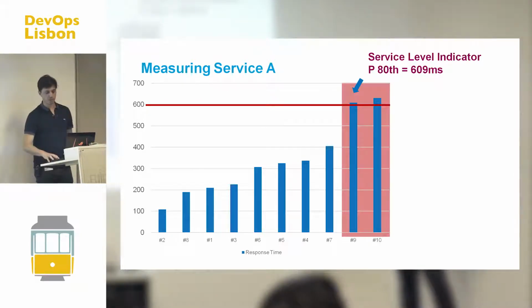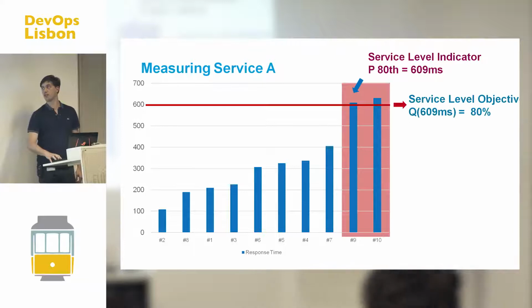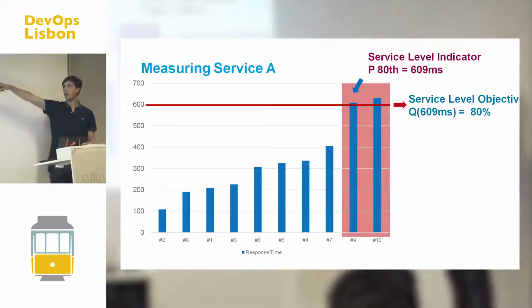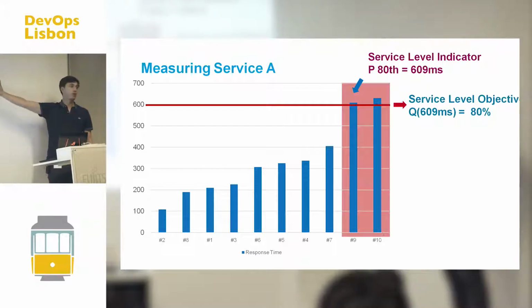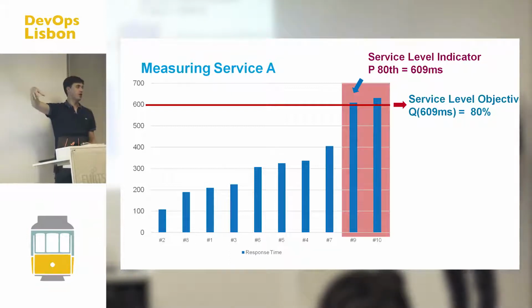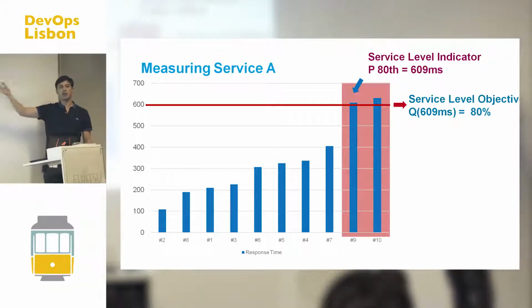So let's say we set up a service level objective for this. We could then quantify how many requests fulfill our objective. So this is how the percentile and the quantile help us have insight into a distribution in different ways.